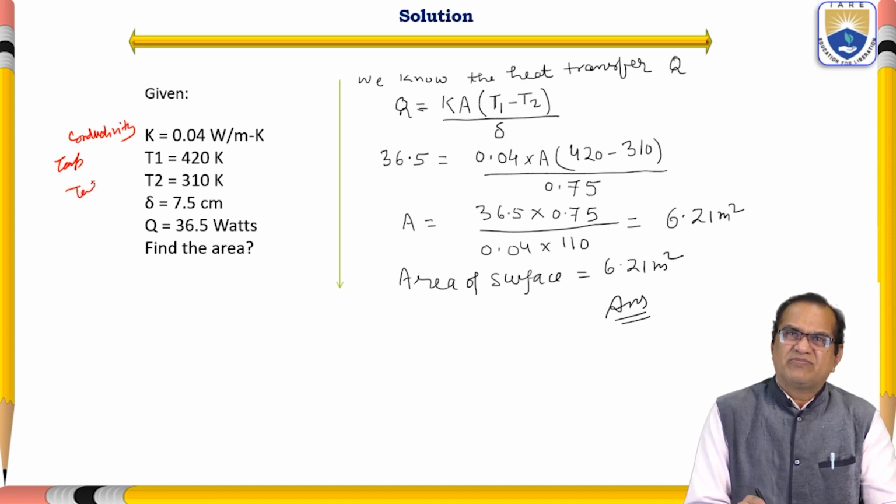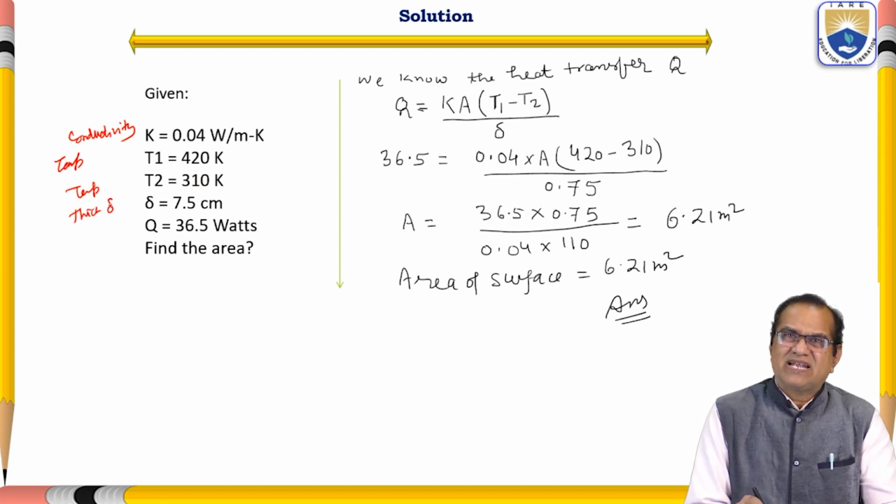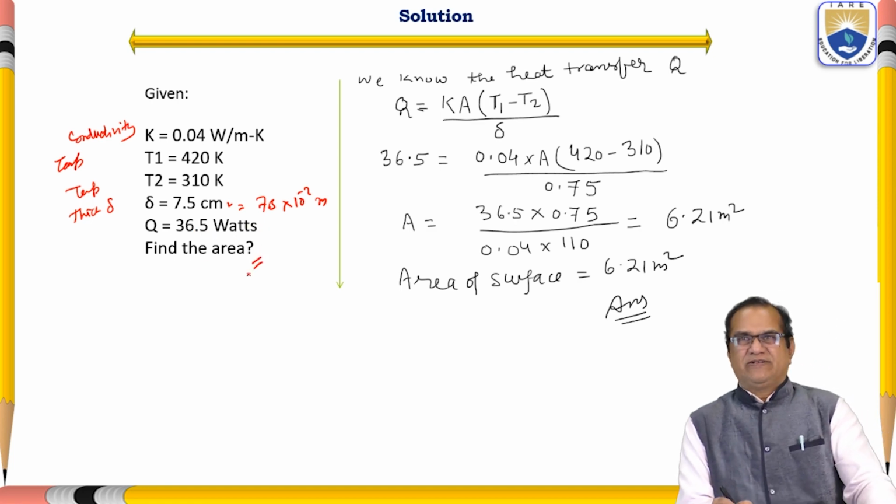Temperature T2 is given as 310 Kelvin. The thickness delta is given as 7.5 centimeter. We can write it as 7.5 into 10 to the power minus 2 meter. And the heat transferred is 36.5 watts. We have to find the area.